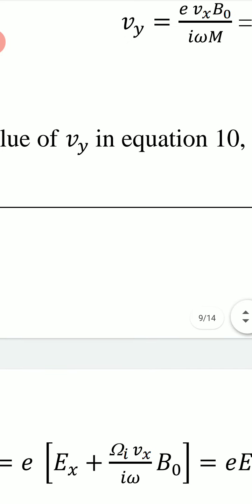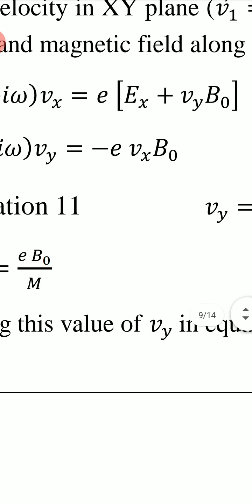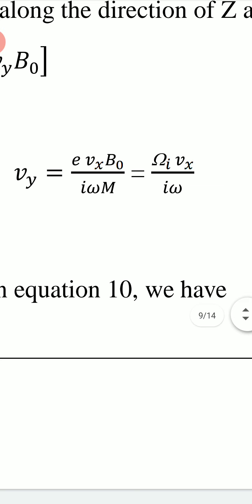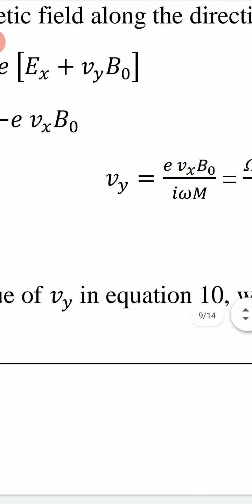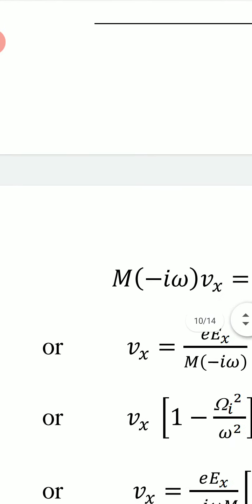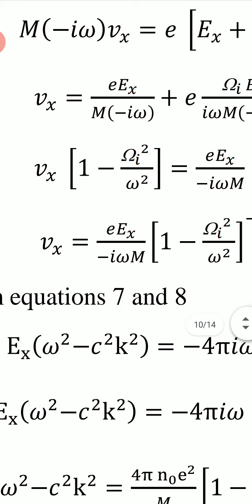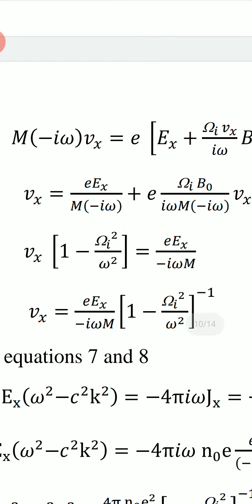So we have substituted in this equation the value of Vy equal to omega i Vx upon i omega and get this relation, and by using this relation we will find the value of Vx.